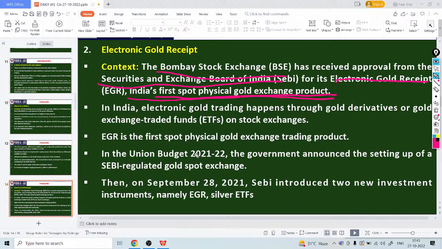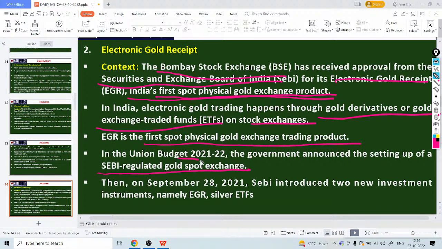In India, electronic gold trading happens through gold derivatives or gold exchange traded funds on stock exchanges. EGR is the first spot physical gold exchange trading product. EGR stands for electronic gold receipt. In the Union Budget 2021-22, the government announced the setting up of a SEBI regulated gold spot exchange.